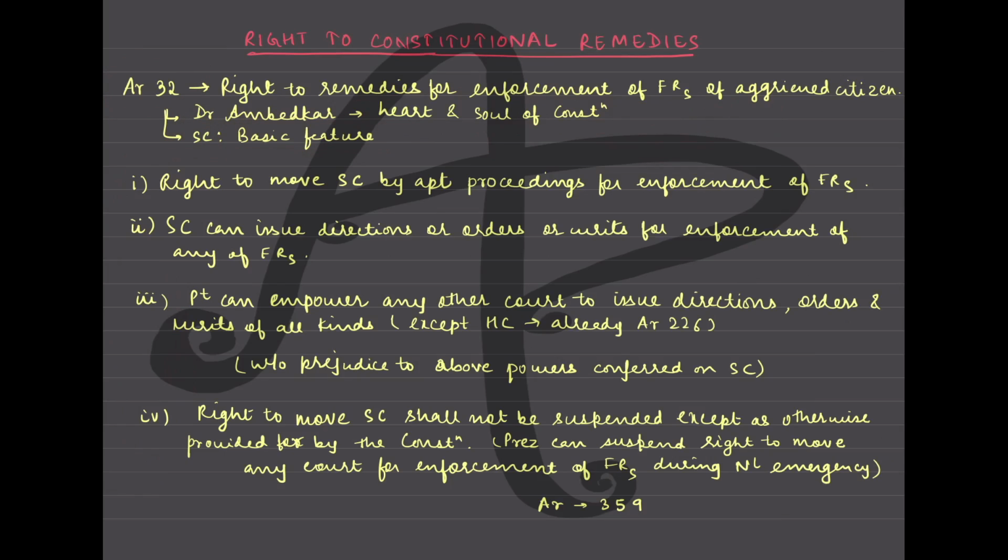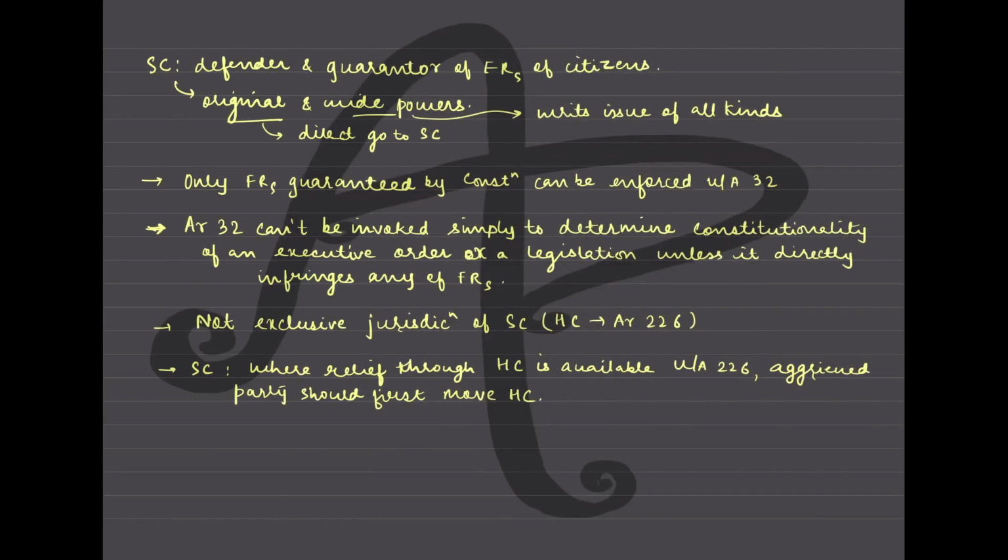Okay. Then we have also seen how the Supreme Court is the guarantor and defender of the fundamental rights. So the Supreme Court gets original and wide powers in this context. Why original? Because you can directly go to the Supreme Court. Why wide? Because they can issue writs of all kinds. We have seen that.